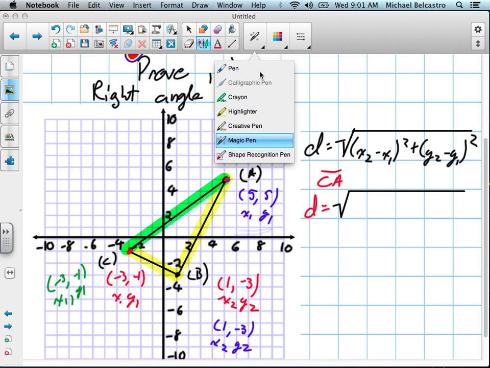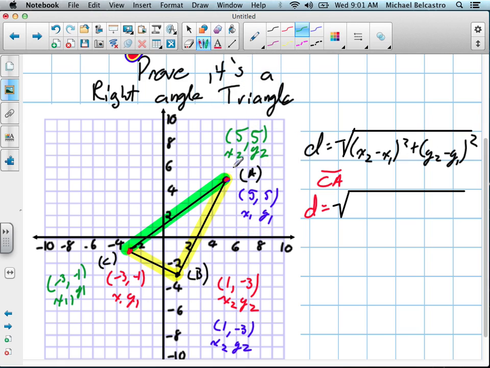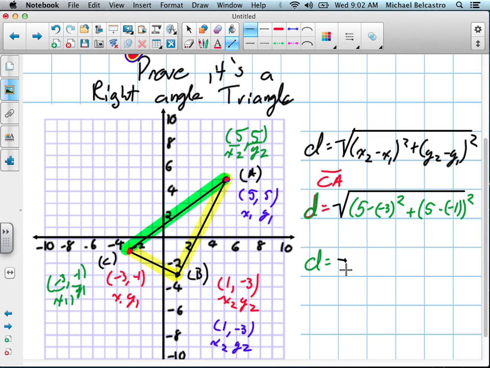So I'm going to use the green font to do my distance formula. x2 in this case is 5. And we're going to subtract x1 in this case, which is -3. So we're subtracting -3 squared. Plus y2 is 5. And we're subtracting y1, which is -1 squared. D is equal to the root of, what is 5 subtract -3? 8, that's right.